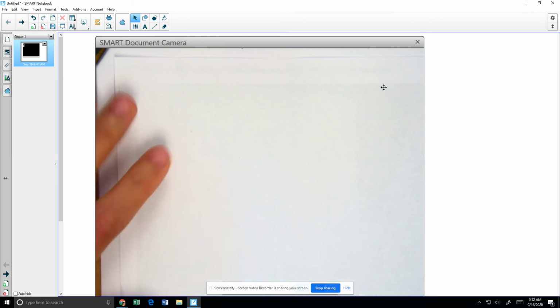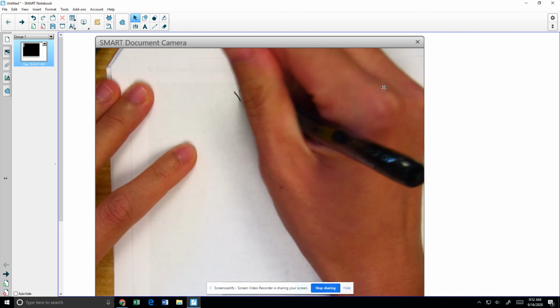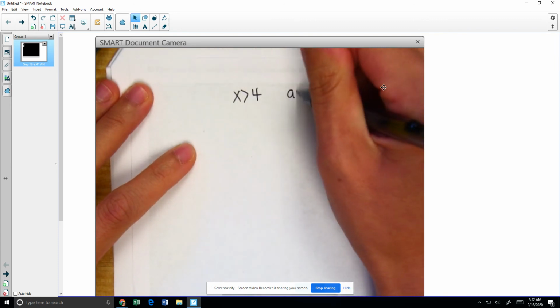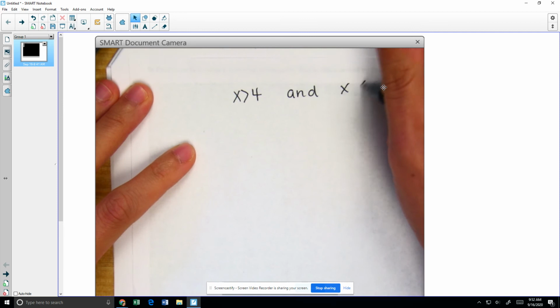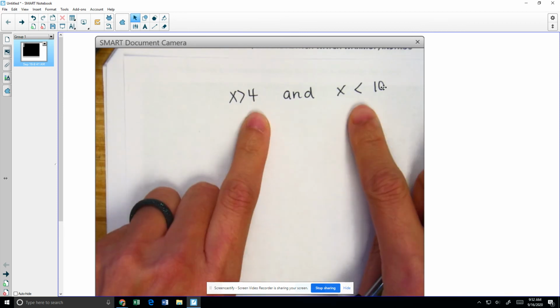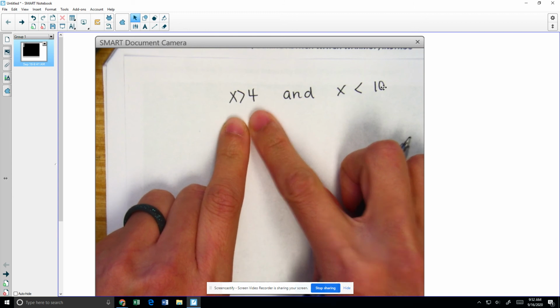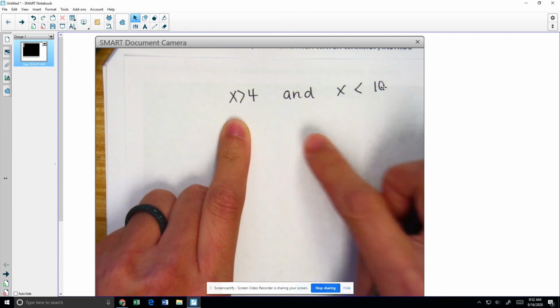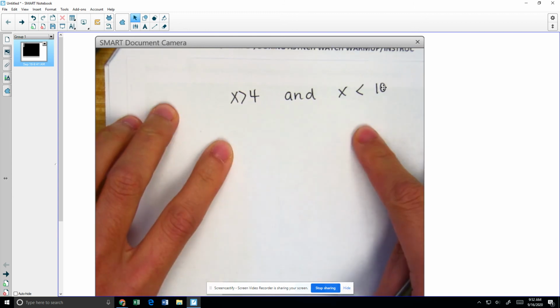So today, normally you have answers like x is greater than 4 and x is less than 10. Instead of writing two things, x is greater than 4 and x is less than 10, we're going to combine it into a compound inequality.